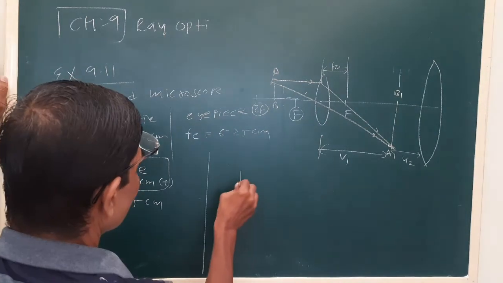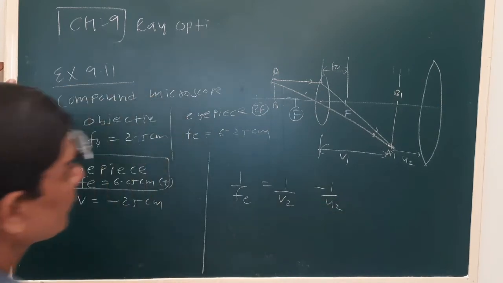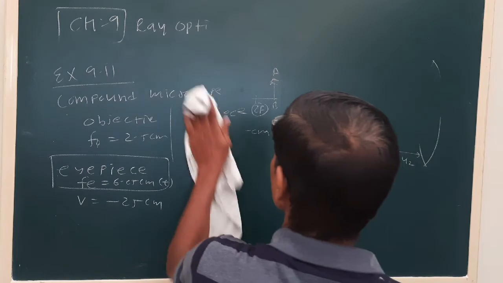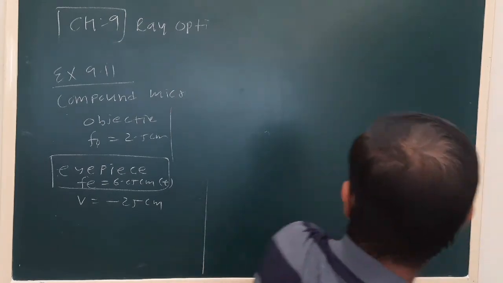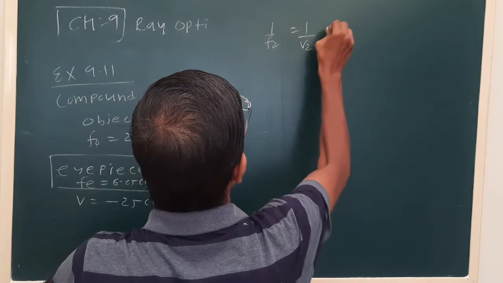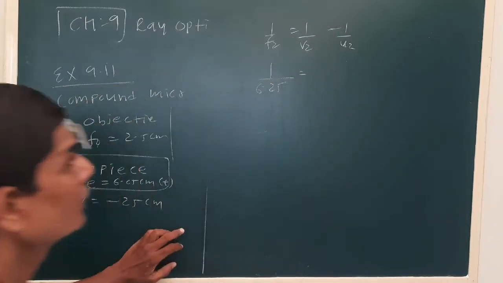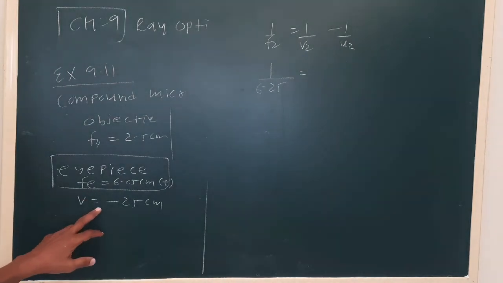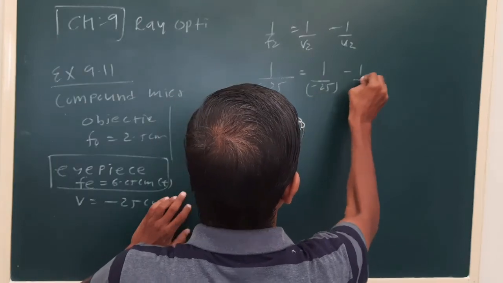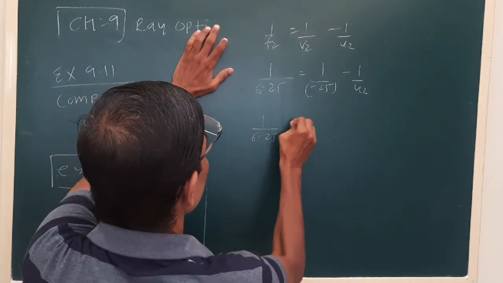So see, 1 upon Fe is 1 upon V minus 1 upon U. V is minus 25, and F is 6.25.